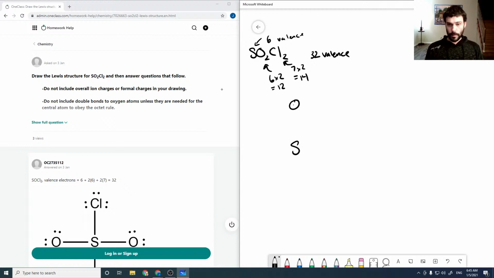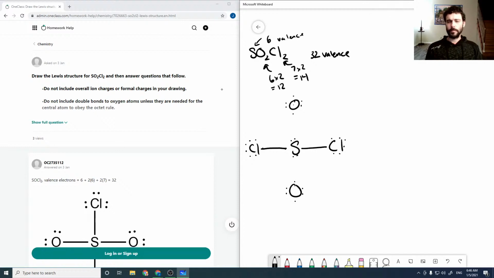So without double bonds or formal charges. So normally these guys would look like this, and sulfur would also be like this. So that's the typical valence around each of the atoms.